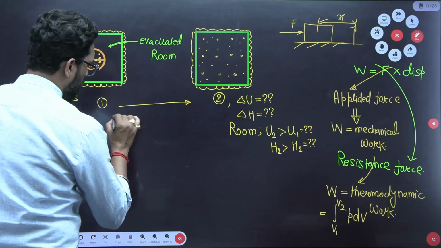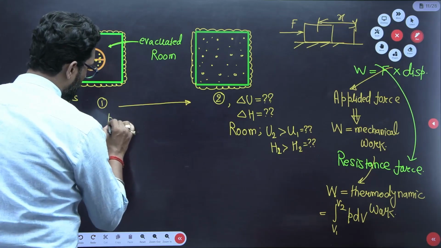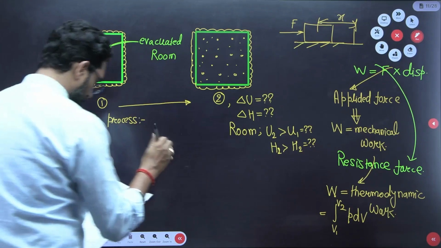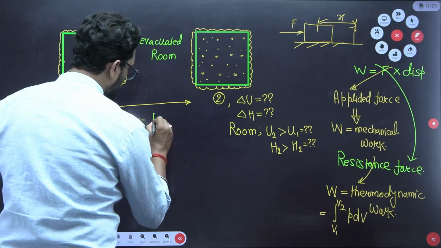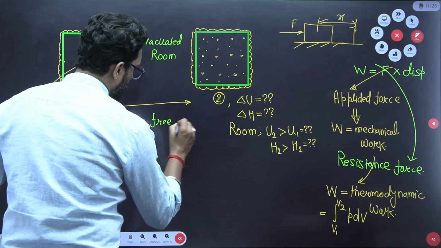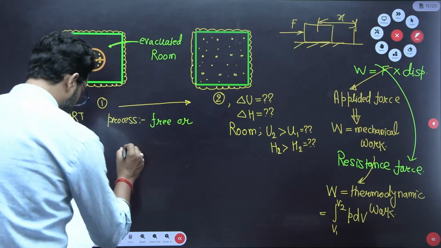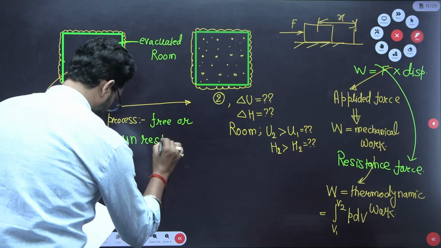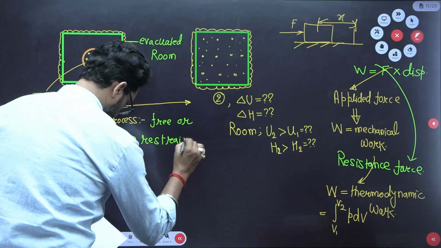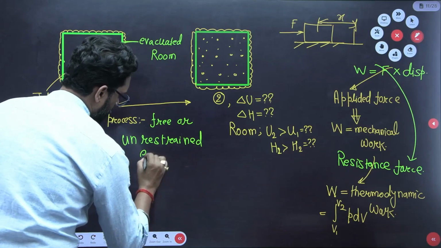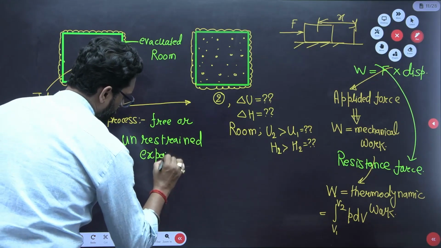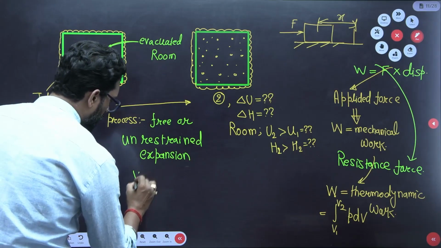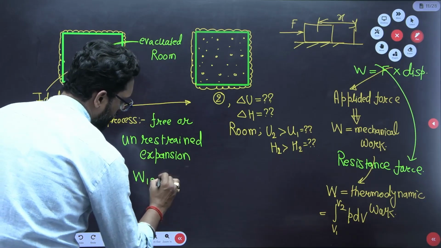That means the process 1 to 2 is called free or unrestrained expansion. In this one, there is no work transfer.